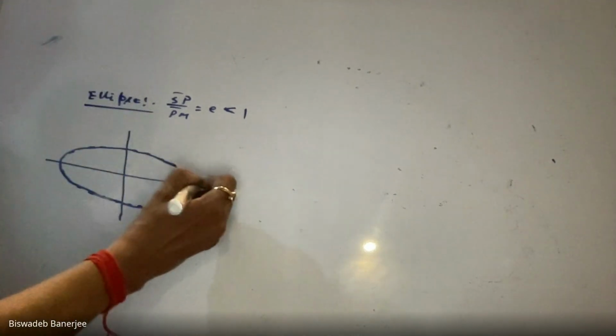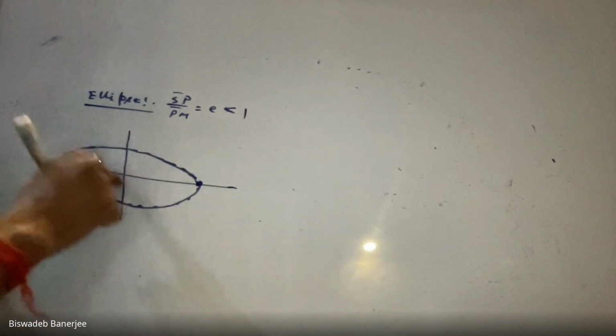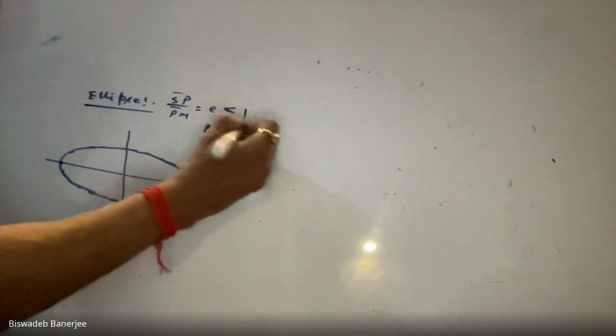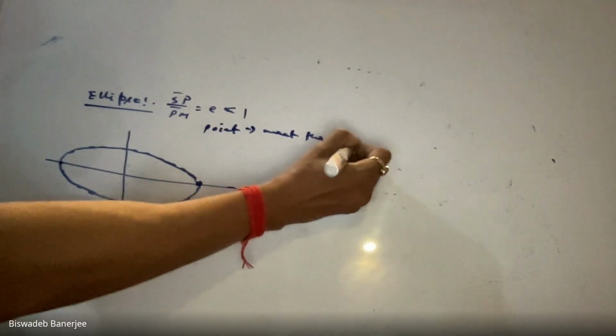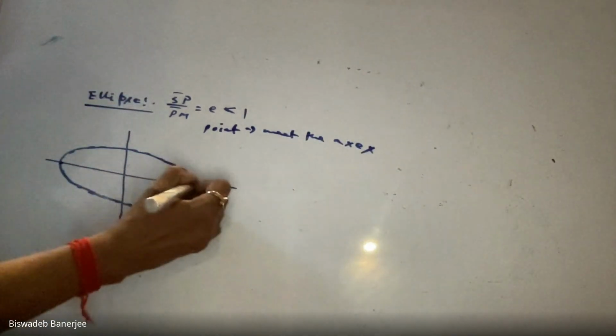Now, what are the main points of this ellipse? First of all, we know that the point where the curve meets the axis is called the vertex. So here there are two vertices.